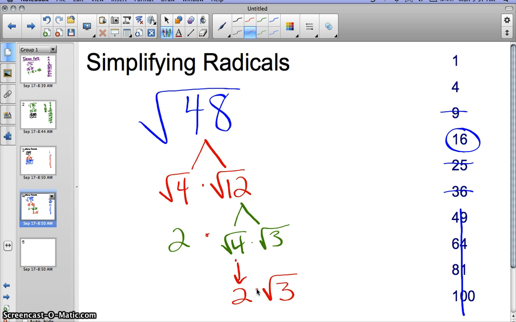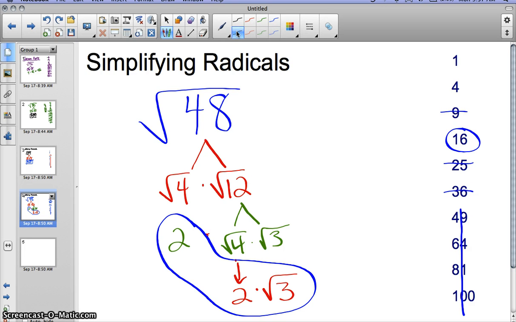Some people might forget, you just say, oh, well, the answer is 2 square roots of 3. That is not the case. We have our other 2 that we started with, so really we have 3 pieces to this one. And again, the operation between all 3 of them is what? Multiplication.